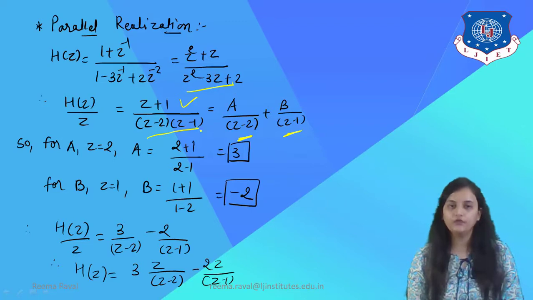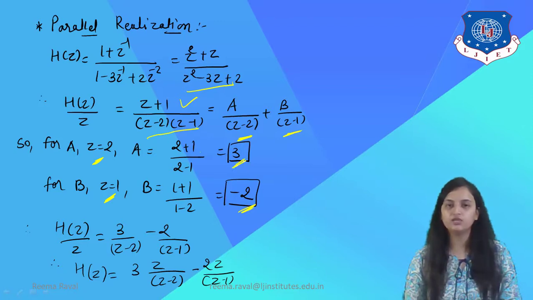To find the value of a, we take z equals 2. Putting this value in the equation, we get 2 plus 1 divided by 2 minus 1, which gives the value 3. Same way, to find the value b, we take z equals 1, which gives 1 plus 1 divided by 1 minus 2, that means minus 2. So we have obtained a equals 3 and b equals minus 2.